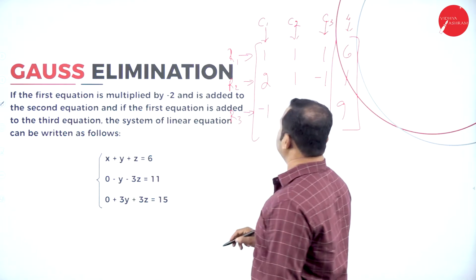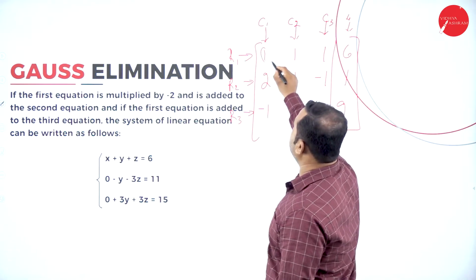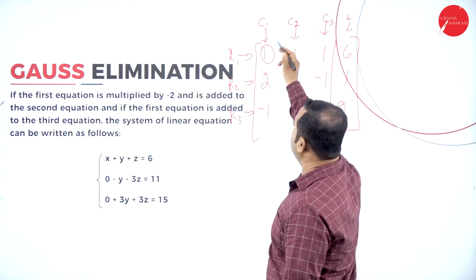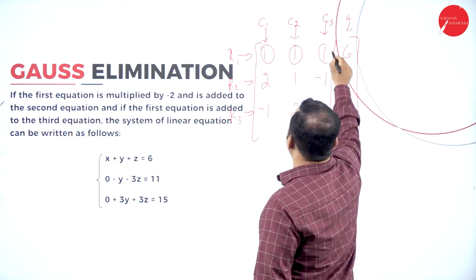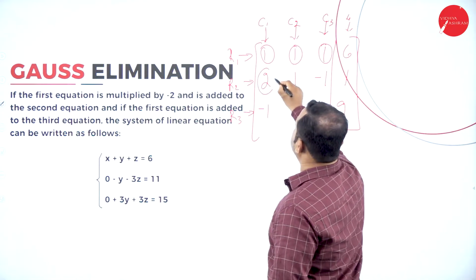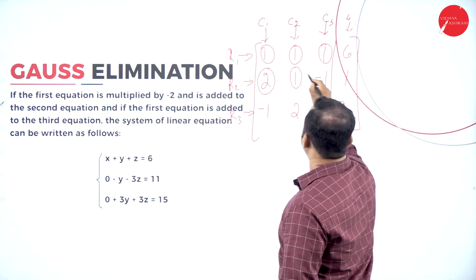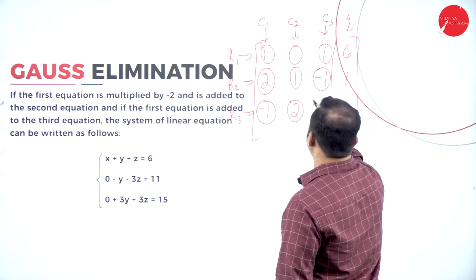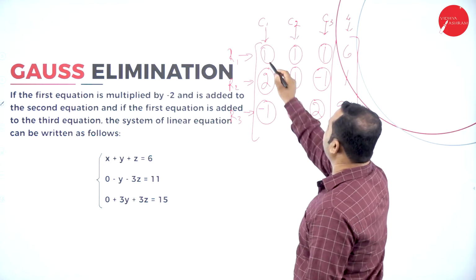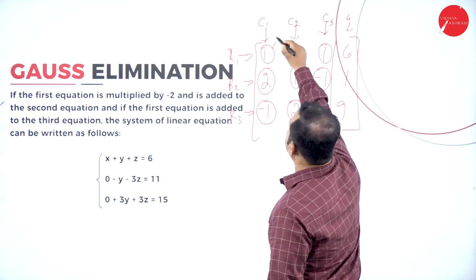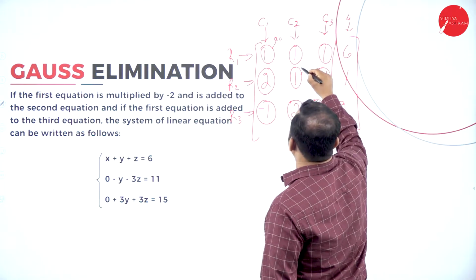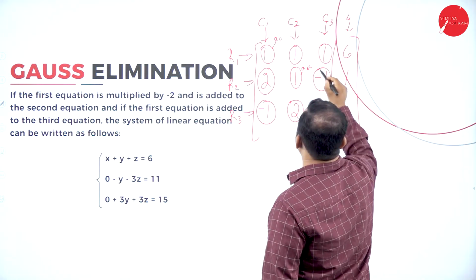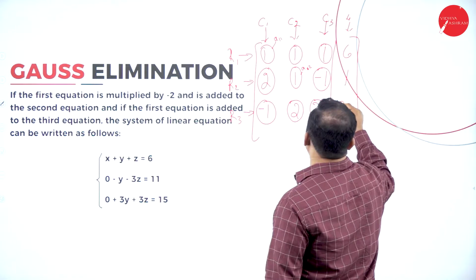Now, in this case, this is considered as aij, that is A11, A12, A13. This is A21, A22, A23. Then we have A31, A32, A33. So, we have the diagonal elements, which are A11, A22, then A33.